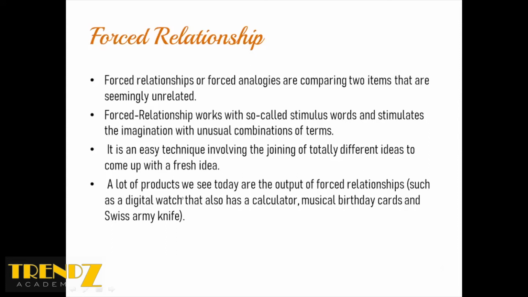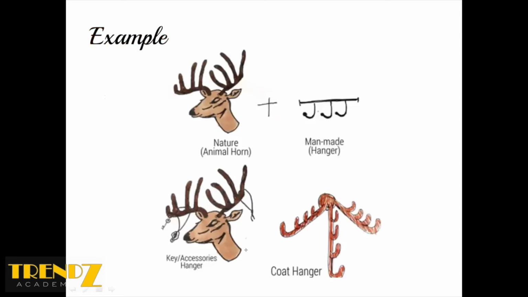A lot of products we see today are the output of forced relationships, such as a digital watch that also has a calculator, musical birthday cards, Swiss Army knife. So here's an example of forced relationship where the horn is merged with a hanger.